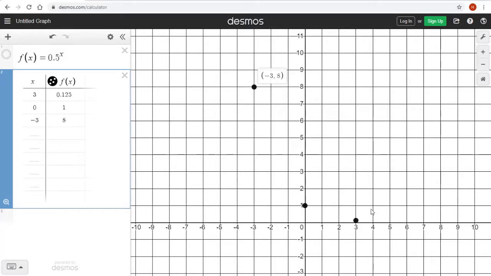Then 0, 1 is this point right here, corresponding to this pair of values. And then 3, 0.125 corresponds to the last pair. So if we're looking at these points from the left to the right, then we're still looking at some kind of curve. It's not a linear path, but it's a curve that looks kind of bent.